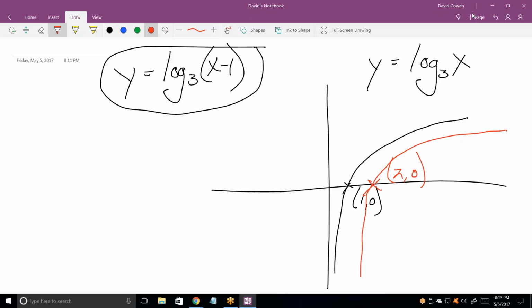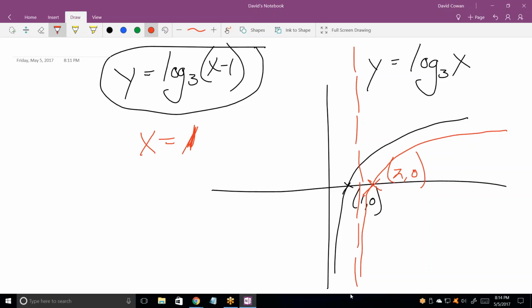What's the vertical asymptote on this function? x equals 1. Remember, it was only moved 1. It was moved 1 to the right, and that moves the vertical asymptote 1 also.